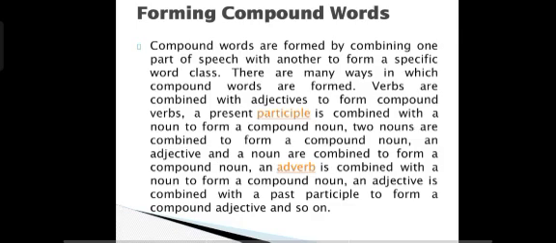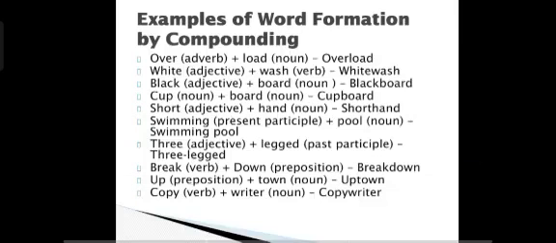Two nouns are combined to form a compound noun. An adjective and a noun are combined to form a compound noun. An adverb is combined with a noun to form a compound noun. An adjective is combined with a past participle to form a compound adjective, and so on. So there are multiple ways. Through the multiple ways, one word can be changed to another word by using some compound words.